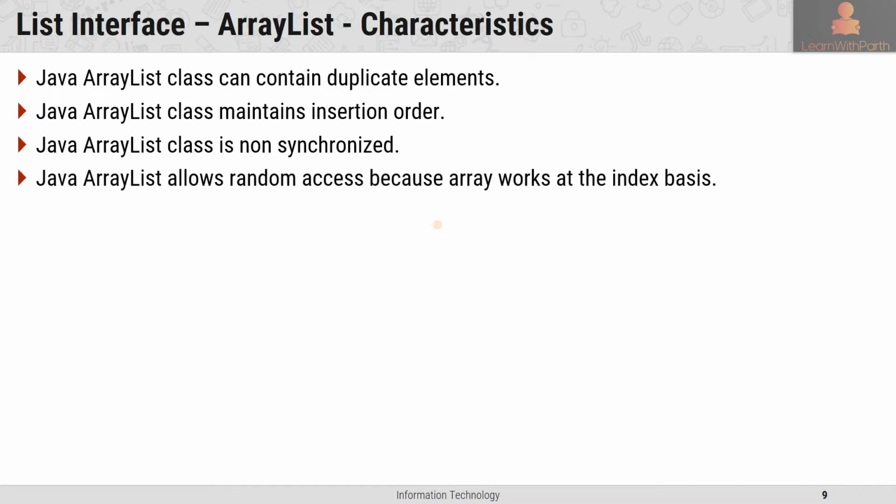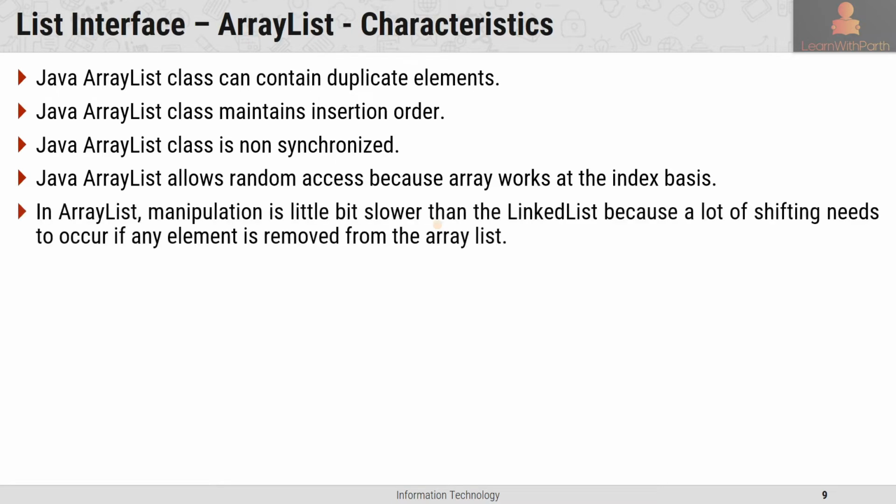ArrayList basically uses an array inside it and has implemented all its functions with the help of the array, so we can access the elements of the ArrayList with the help of an index. And in the ArrayList, manipulation is a little bit slower than the LinkedList.